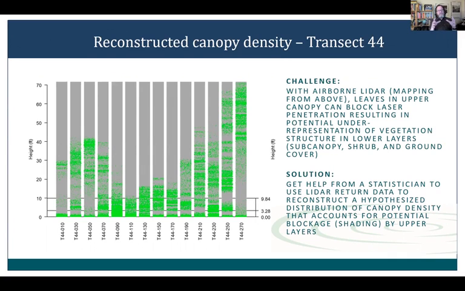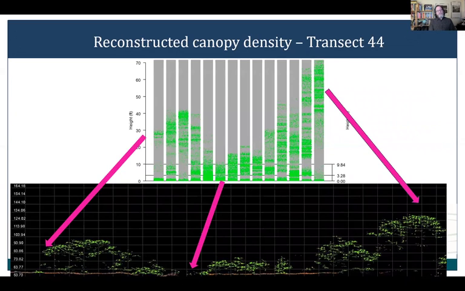Basically to take that original LiDAR raw data returns and expand it using this hypothetical distribution of canopy density and multiple sampling from that. And you can see it's giving us a little better picture of what that canopy structure might look like.